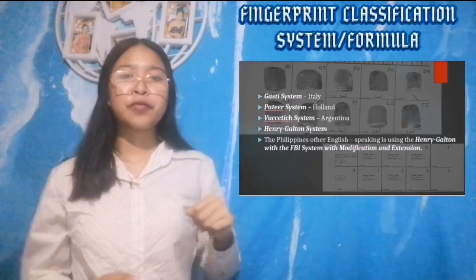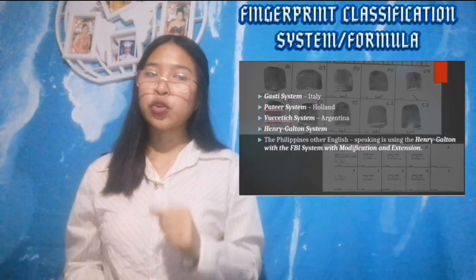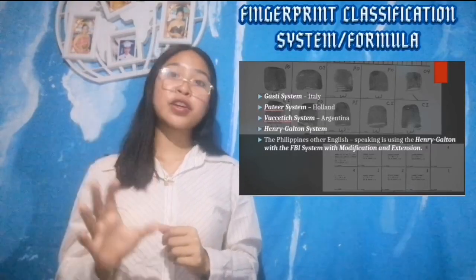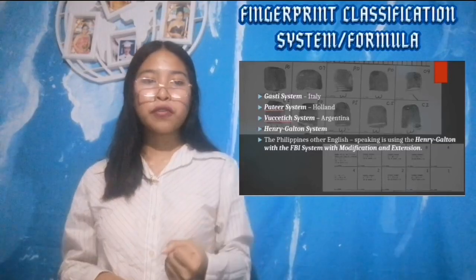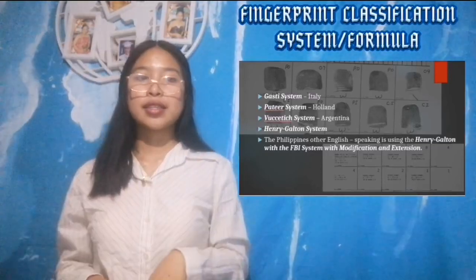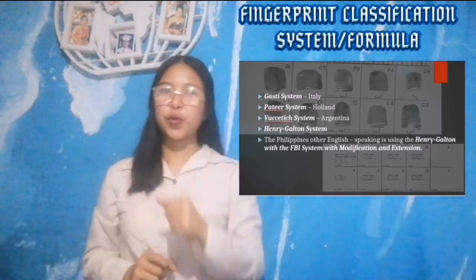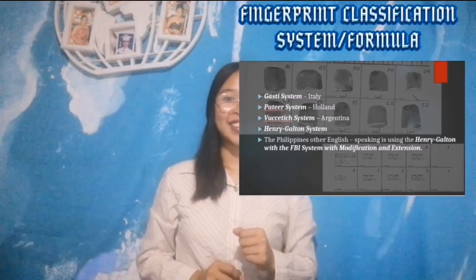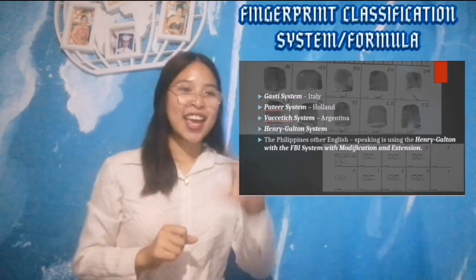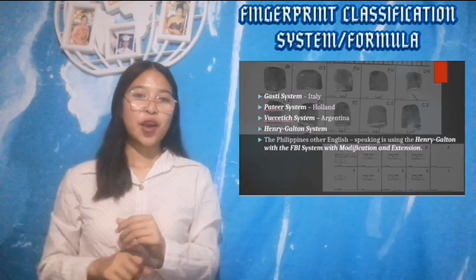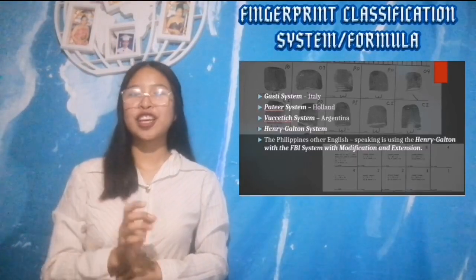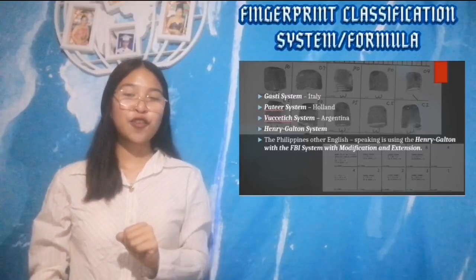In fingerprint parlance, classification refers to the arrangement of fingerprint records into groups for filing purposes. A person who has a basic knowledge of classification and the rules involved in the proper recording of fingerprints will surely make a better technician.